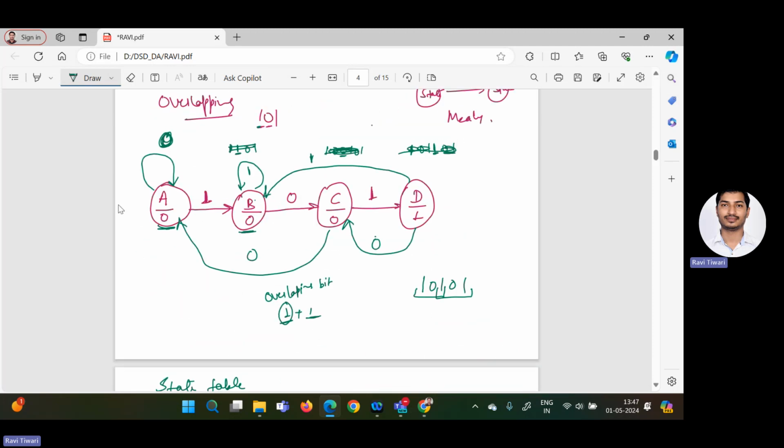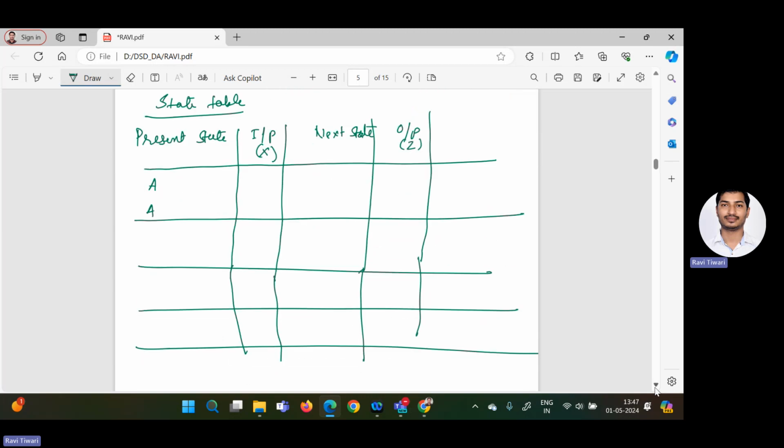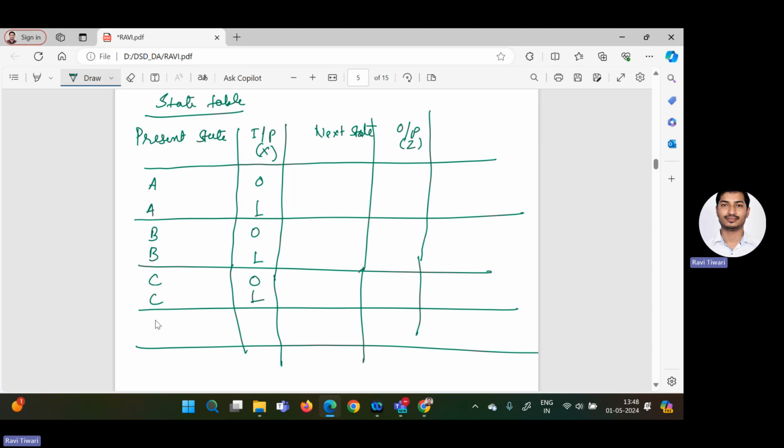If you are in state A, you can receive 0 or you can receive 1, right? So there are 2 types of input possible. And you know, in the truth table you have to write down all the possible combinations. So here either 0 or 1. Similarly in B state also there is a possibility of 0 1 as an input. C 0 1. In the D state also there is a possibility of input 0 1.